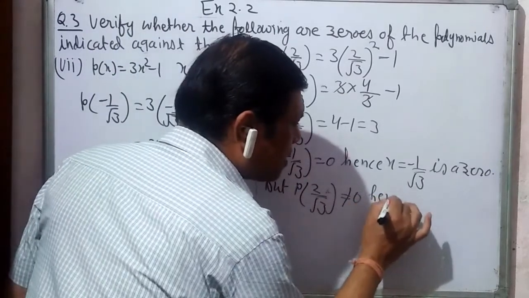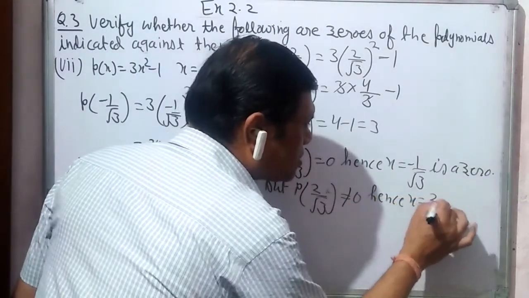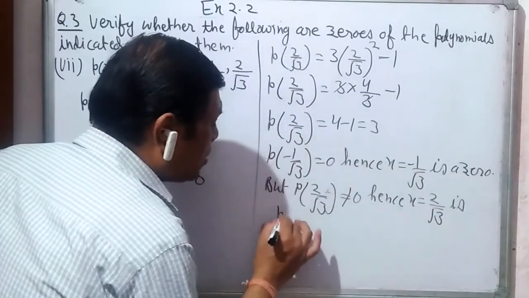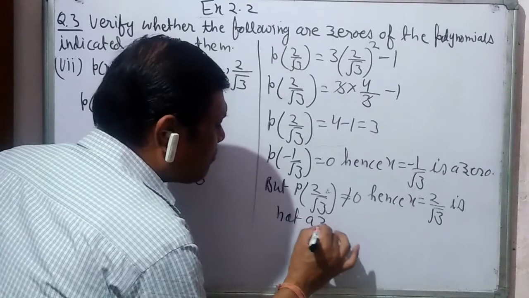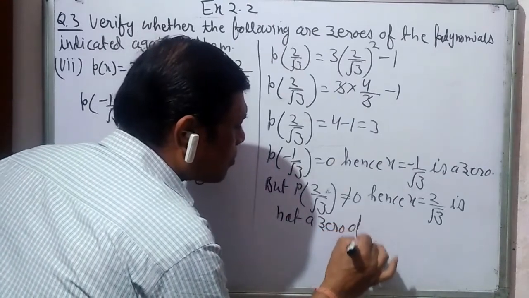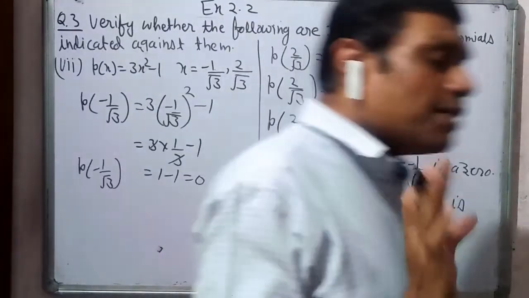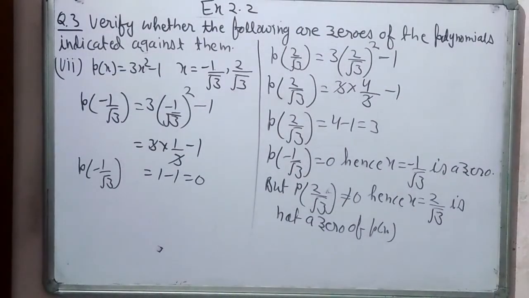Hence, x equals 2 upon root 3 is not a 0 of p(x). In place of 2 upon root 3, had it been positive 1 upon root 3, it would have been a 0.